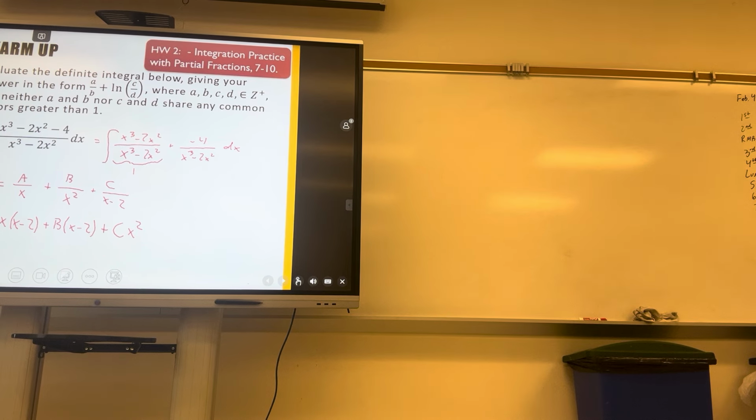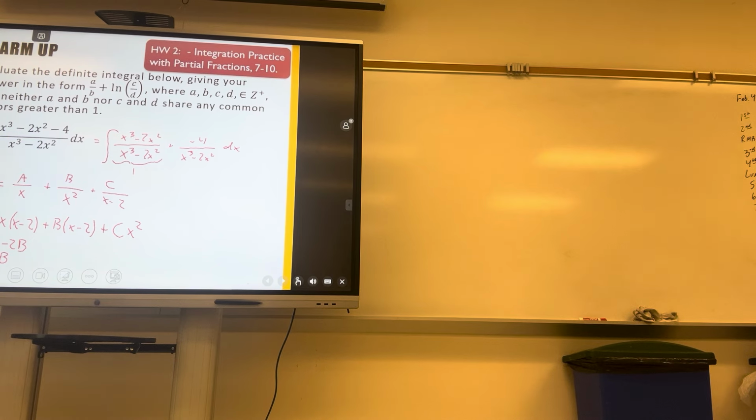Now we do what we normally have been doing to solve for A, B, and C. We can choose convenient x values, right? What would be a helpful x to use here? 0 would be good. If I choose 0, I get negative 4 equals, now which thing is still going to be there if I'm letting x be 0? B, and B's coefficient would be negative 2. So negative 4 equals negative 2B, that means B is 2.